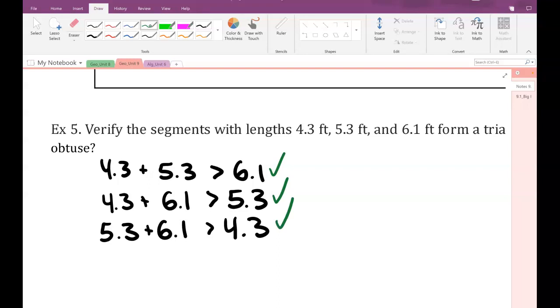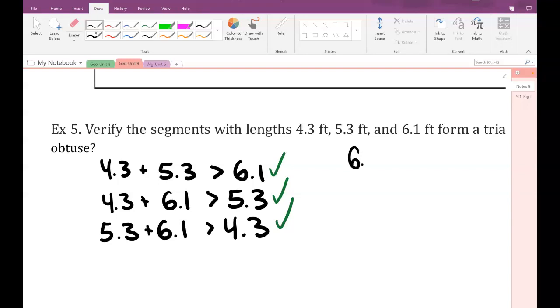All right, since we know it's in fact a triangle, we can go through and figure out whether it's acute or obtuse. By doing that, we use our Pythagorean inequalities theorem. So we know that our longest side is 6.1, so that's going to be our C value.